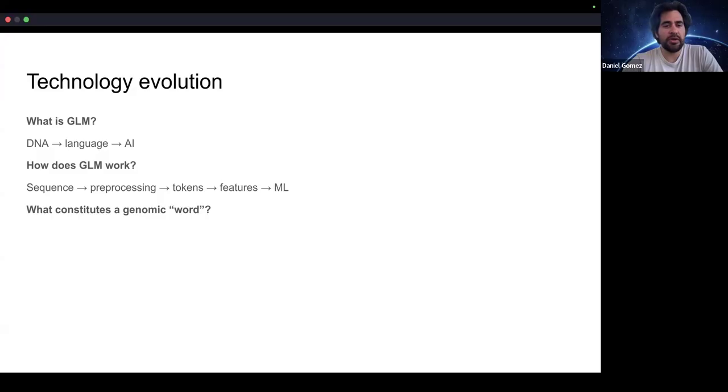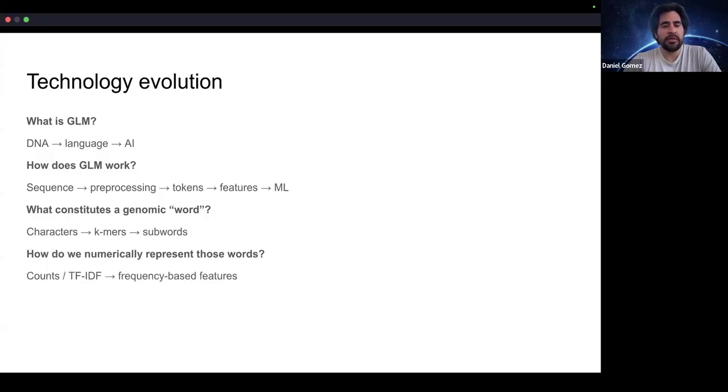What constitutes a genomic word? Characters, k-mers, and subwords. How do we numerically represent those words? Counts or TF-IDFs into frequency-based features. How does the model learn meaning? K-mer context, embeddings, and semantic relationships.